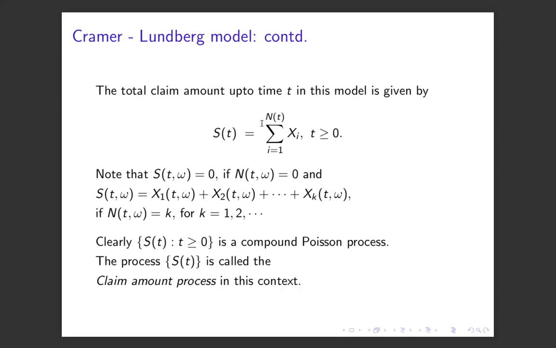And this expression is to be interpreted as 0 if N_t(omega) is 0, and otherwise it is X_1 up to X_k if N_t is equal to k.